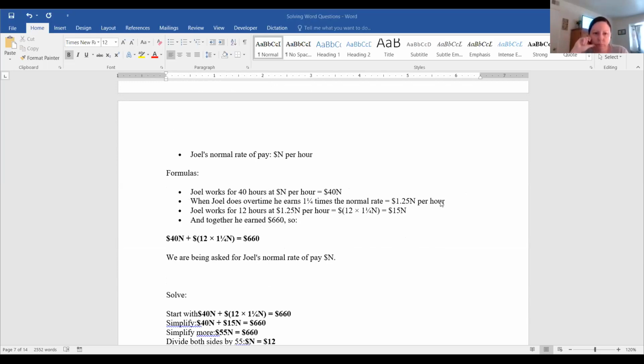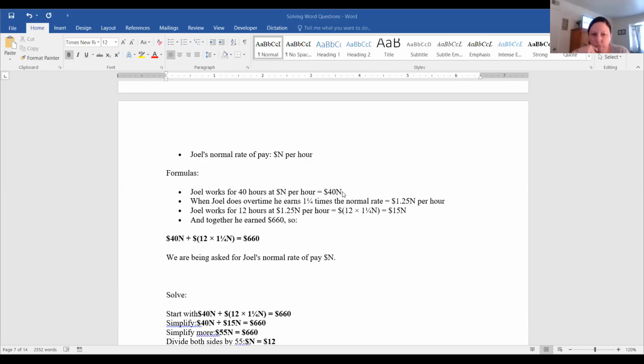Overtime is 1.25N per hour, 12 hours at 1.25N equals 15N, because 1.25 times 12 is 15. So together he gets 660. So we just plug these numbers in.